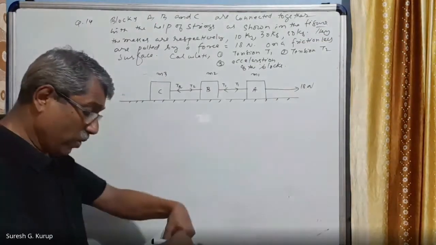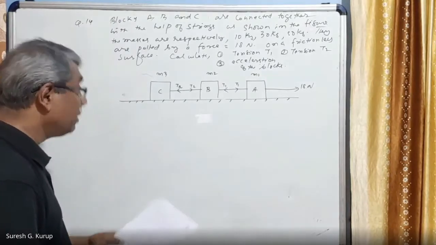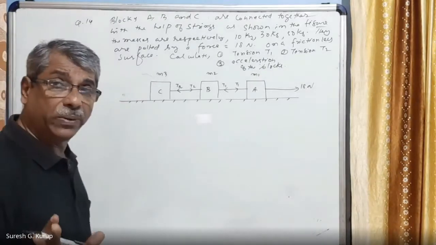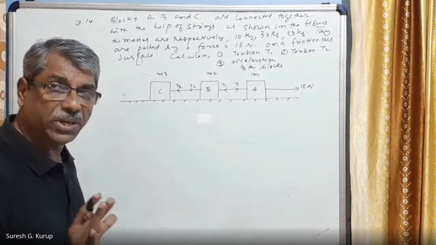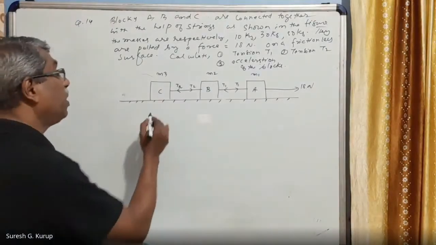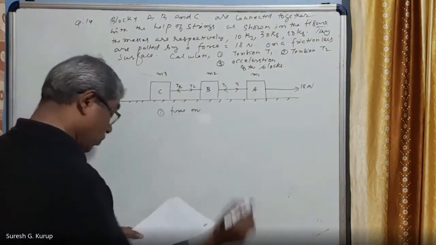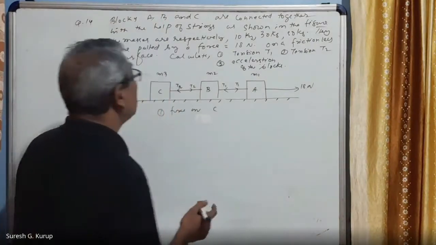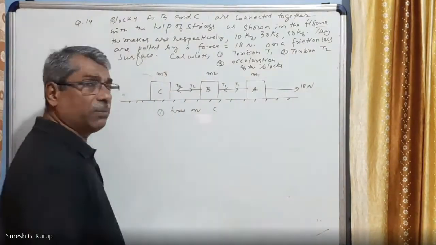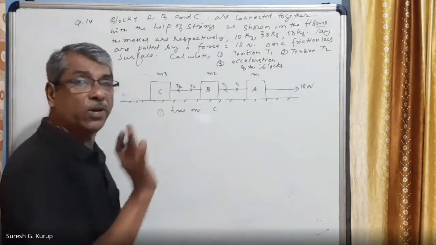Right. Now we can do it. The acceleration is the same, I told you. Remember why? Because the force acting on the system is common, that is 18 Newton. Now, first of all, force on C. The free body diagram of body C: this body is acted on by only one force, that is T2.